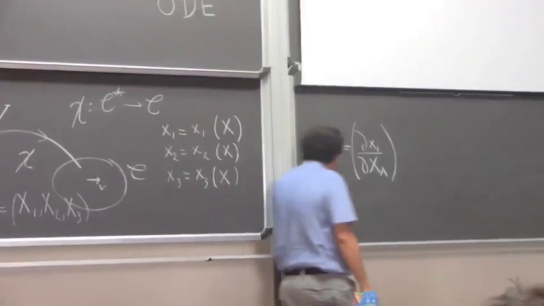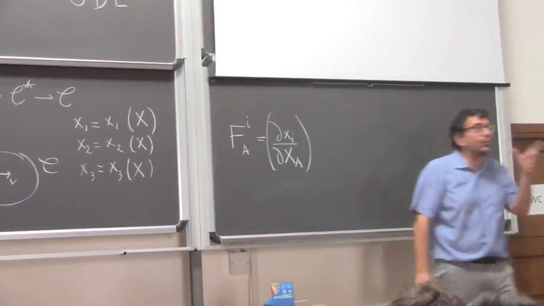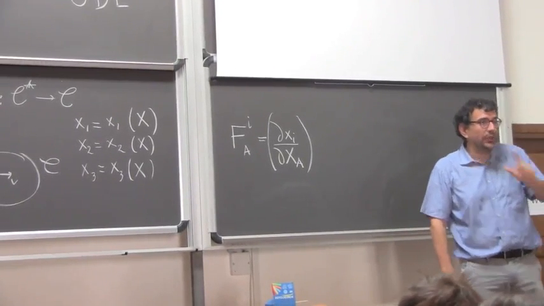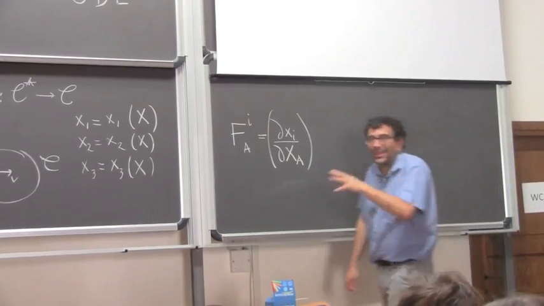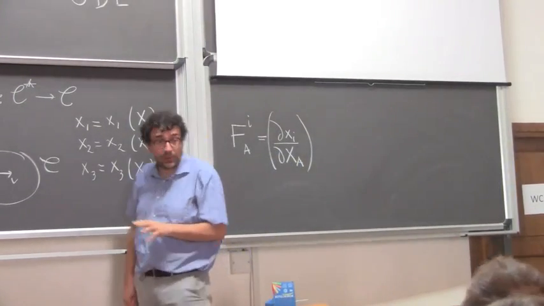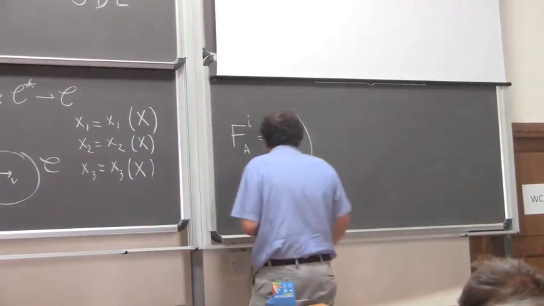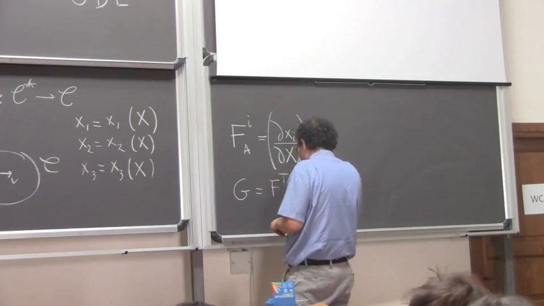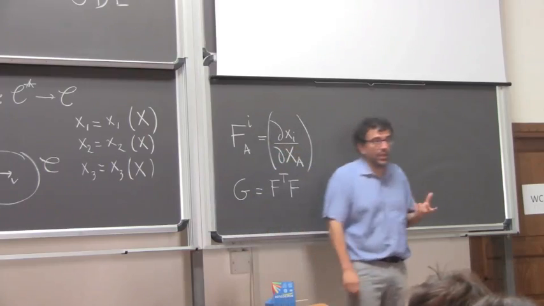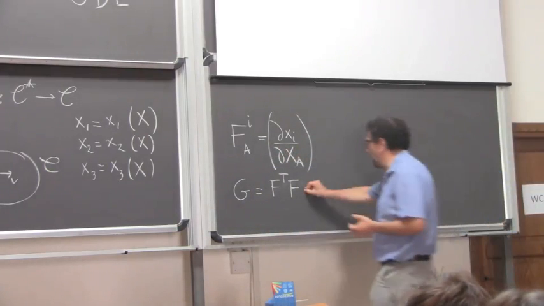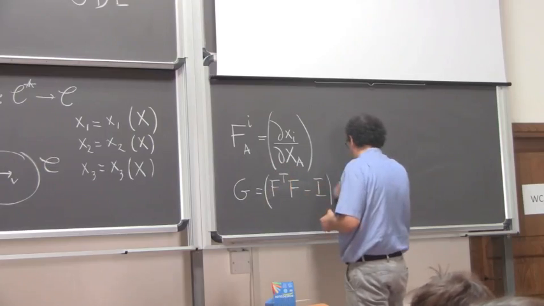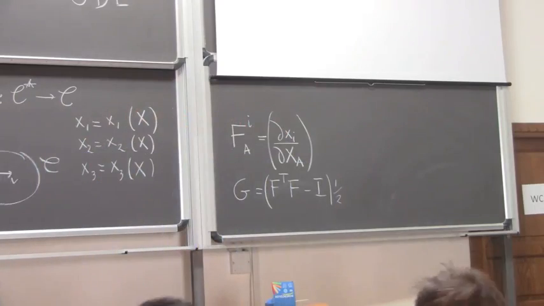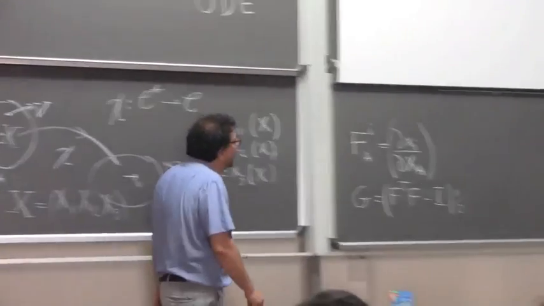Okay? So this F allows you to know what is happening to the epsilon cube of your body. So we already spoke about this. Okay? And we have introduced G, which is F transpose F, minus 1, which is the deformation measure we are considering. Okay?